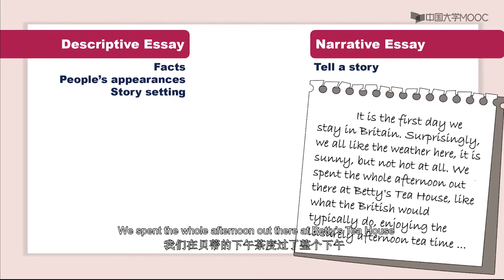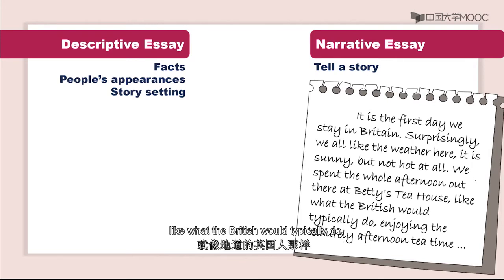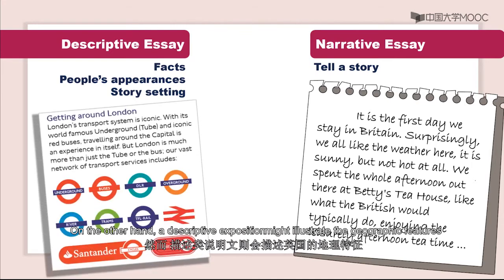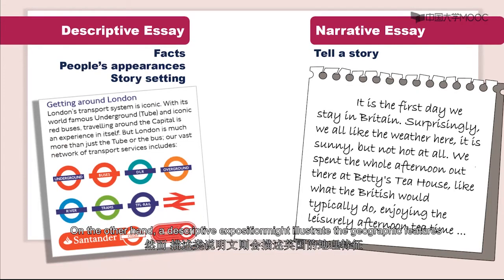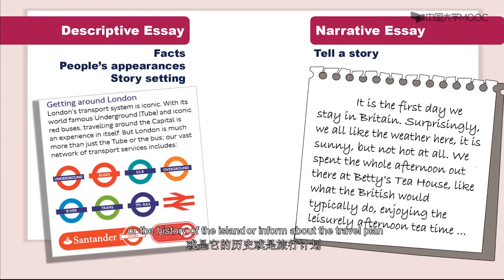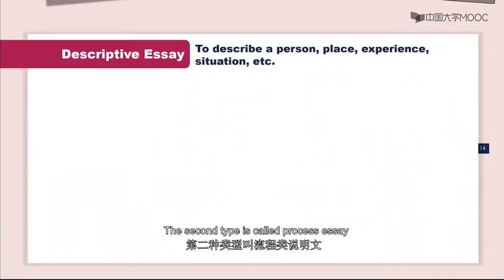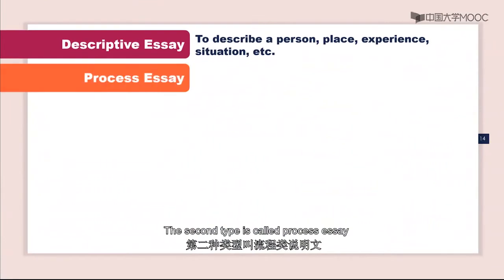We spent the whole afternoon out there at Betty's tea house, like what the British would typically do, enjoying the leisurely afternoon tea time. On the other hand, a descriptive exposition might illustrate the geographic features, or the history of the island, or inform about the travel plan. The second type is called process essay.